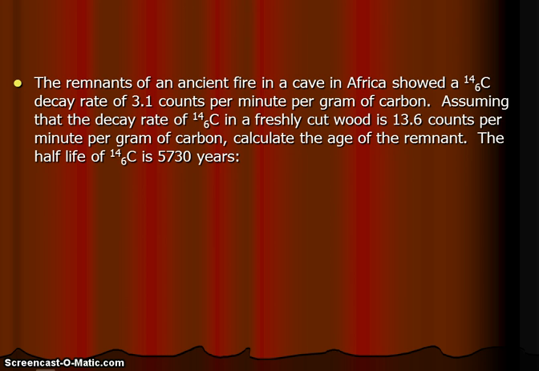And it tells us again that the half-life of carbon-14 is 5,730. The key to this problem is the fact that the decay rate is proportional to the number of atoms. So we can use the decay rate to find out what the ratio of the atoms are for carbon-14 and carbon-12 in that specimen.